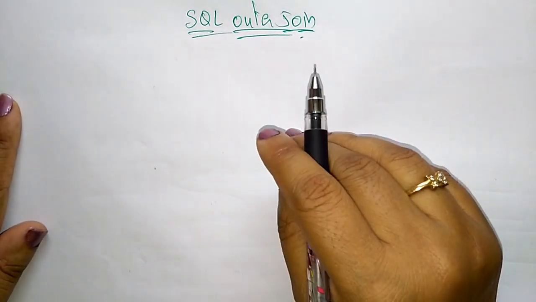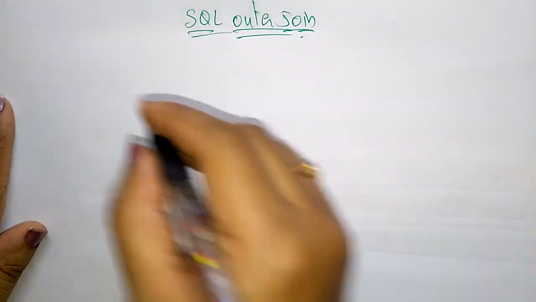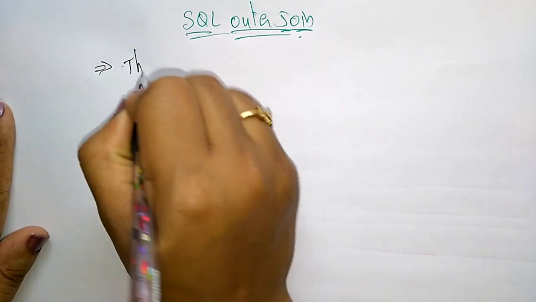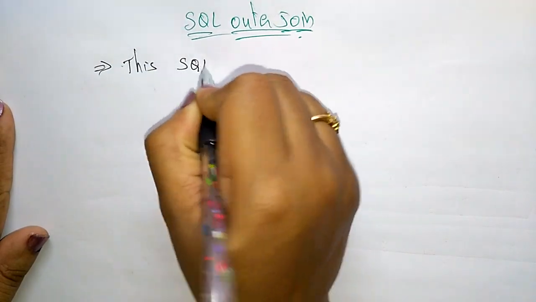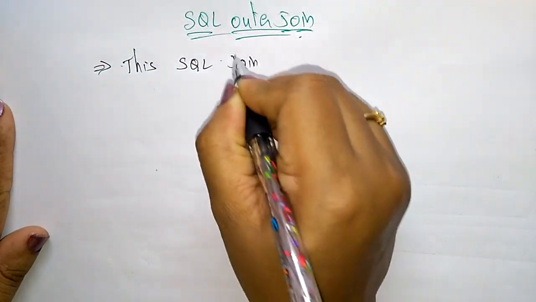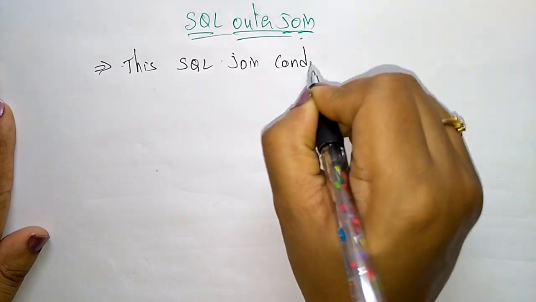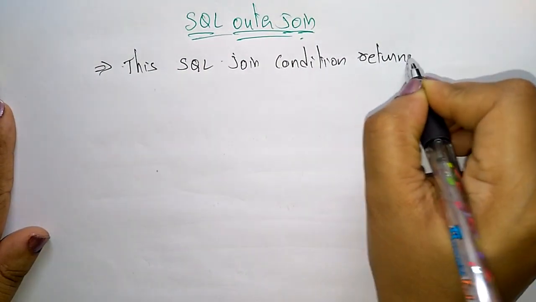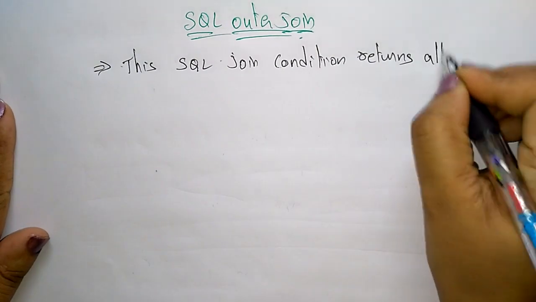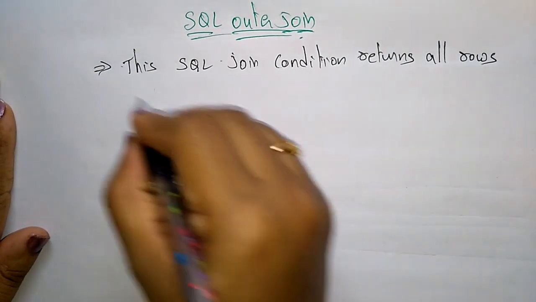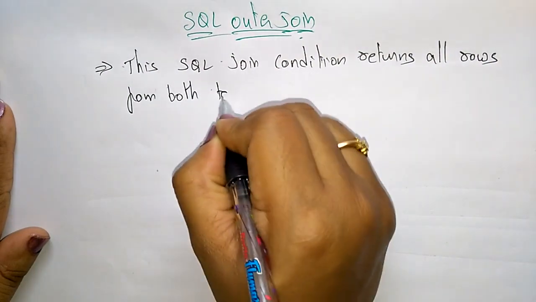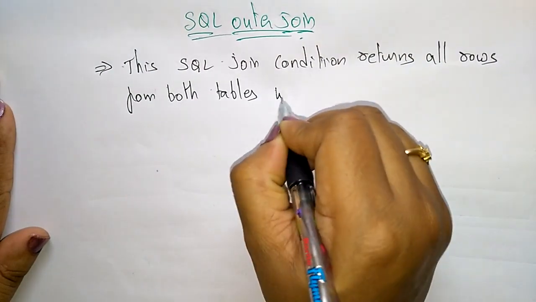So this SQL join condition returns all rows. Let me write this point. This SQL join condition, the outer join condition, returns all rows, just like inner join returns all rows from both the tables which satisfy the condition.